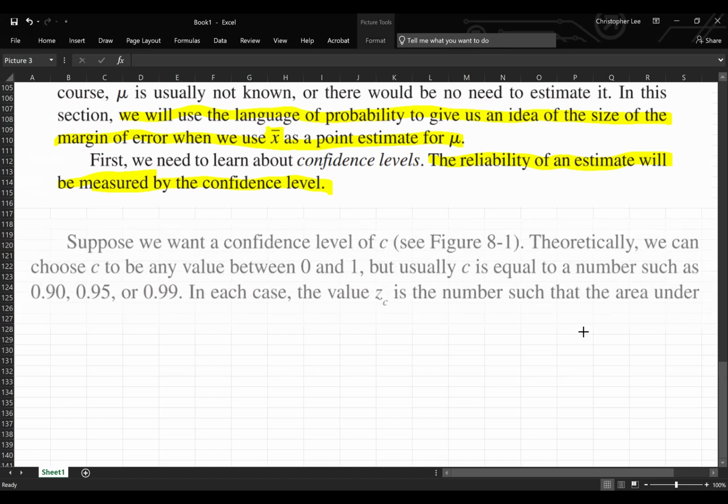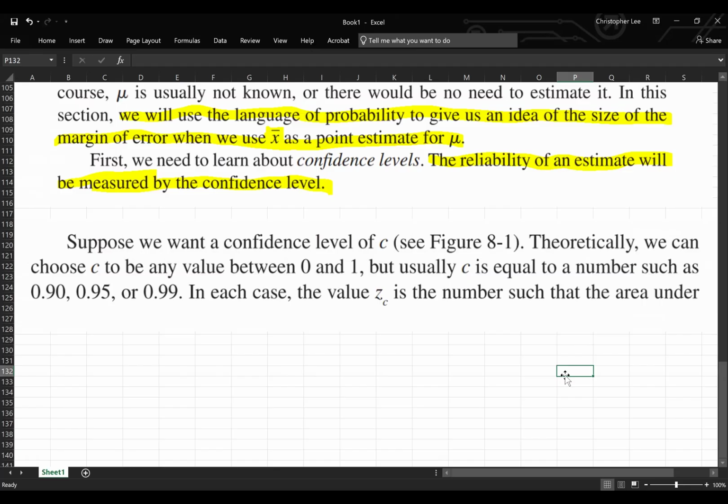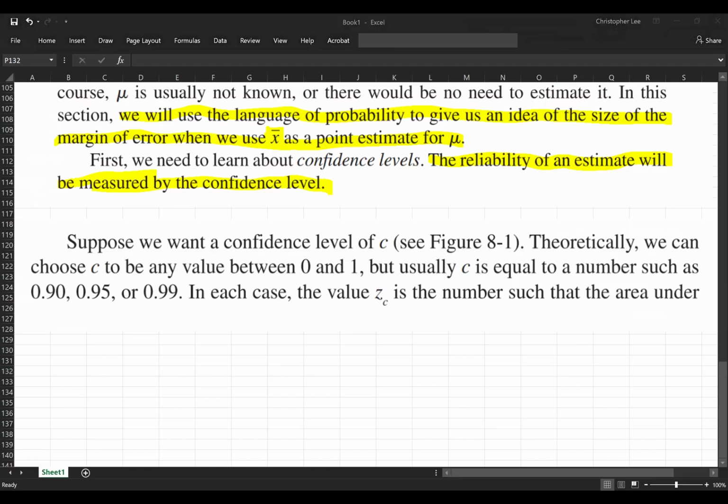So suppose we want a confidence level of C. Theoretically, we can choose C to be any value between 0 and 1. But usually C is equal to a number such as 0.90, 0.95, 0.99, etc. In each case, the value of z critical is the number such that the area under the curve... You know, this wouldn't make much sense without a graph, so let me get y'all a graph.